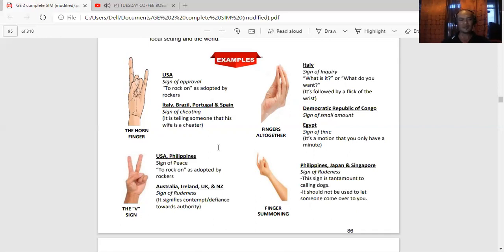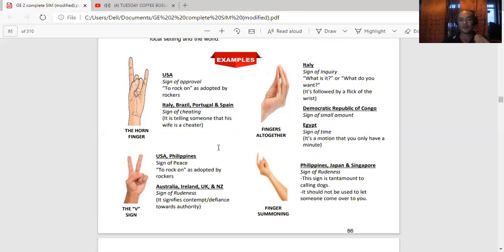So something like that. I've read it from somewhere. In Italy, it's a sign of inquiry. So what is it? What do you want? It's followed by a flick of the wrist.